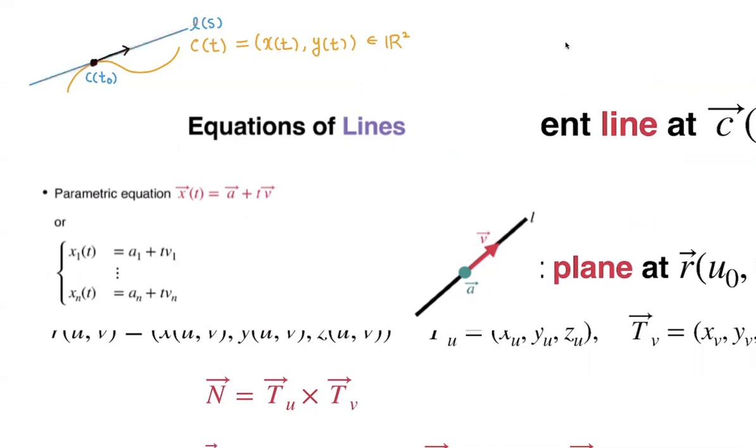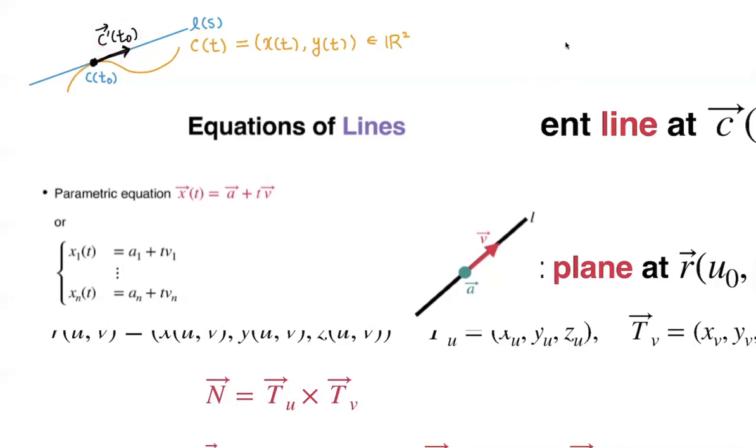The parametric equation is given by one point plus our variable times the vector. And one thing we notice here is that this black vector is c prime t0, because it is the tangent vector to our curve.